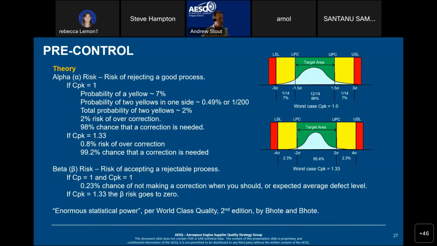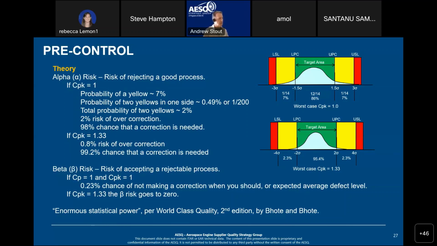So if your capability, calling it CPK, is at 1, there's basically a 2% risk of overcorrection, or a 98% chance that a correction is needed. So 2% of the time you'll be wasting your time and making a correction for no good reason, but 98% of the time that correction is actually needed, assuming that you have a CPK of 1.